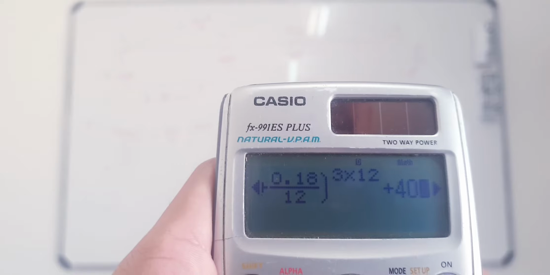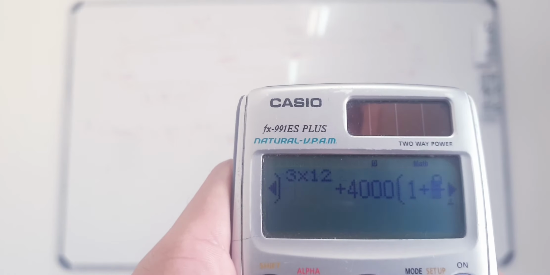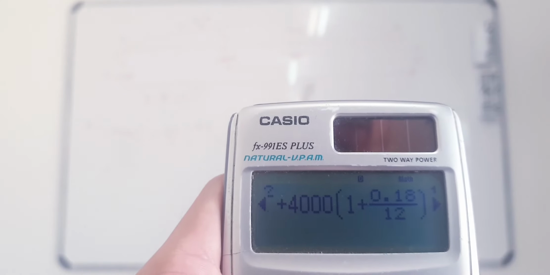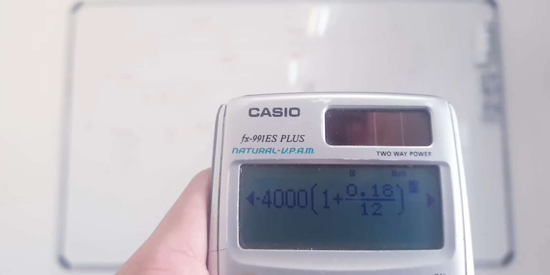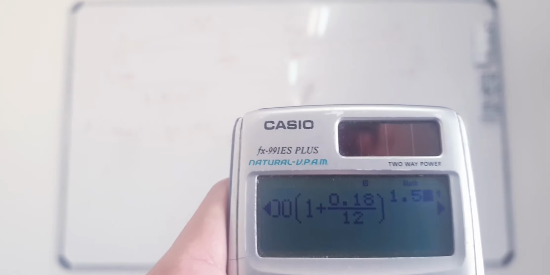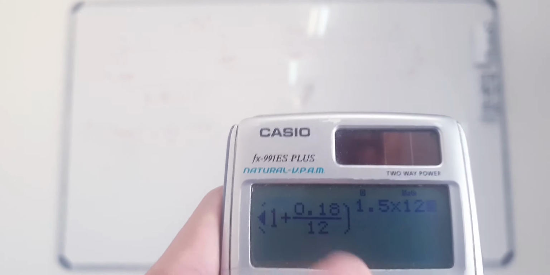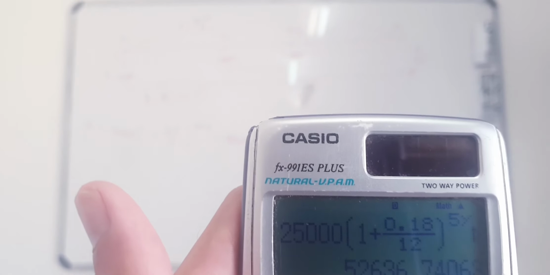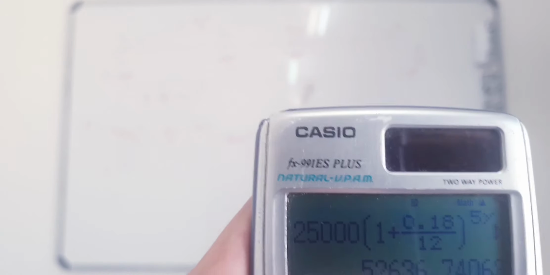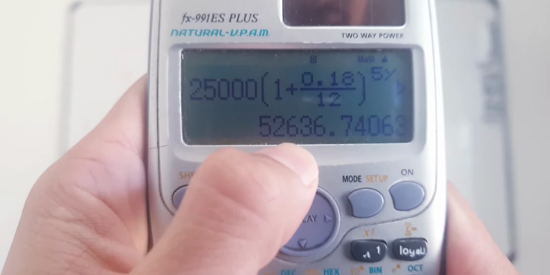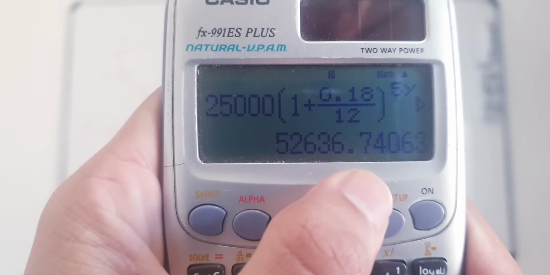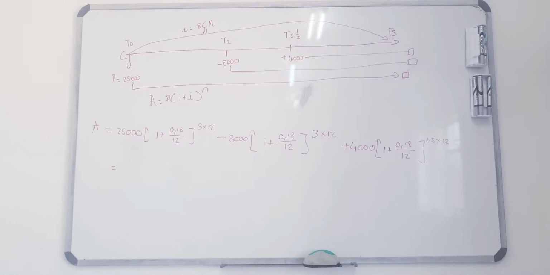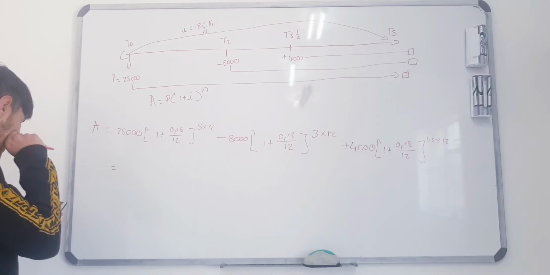And then 4,000 into 1 plus 0.18 all over 12 raised to the power of 1.5, because that's 1.5 years multiplied by 12. Then you can press answer, and you can see it gives you 52,636.7.